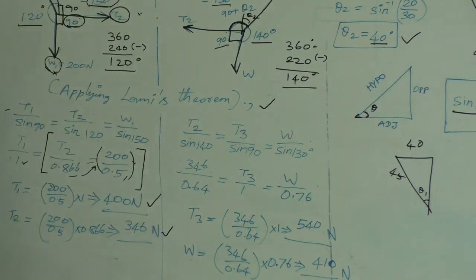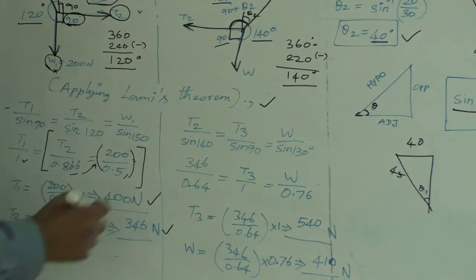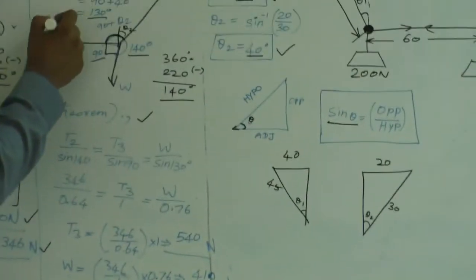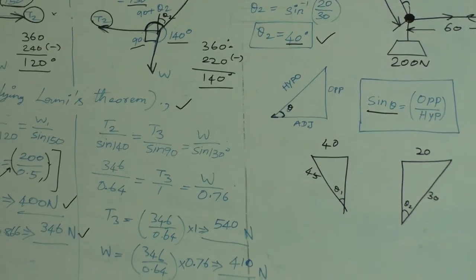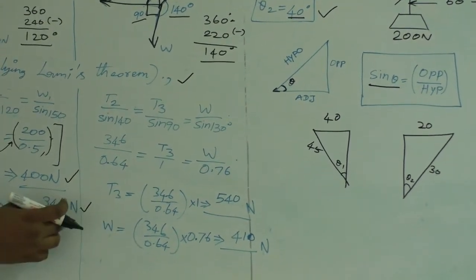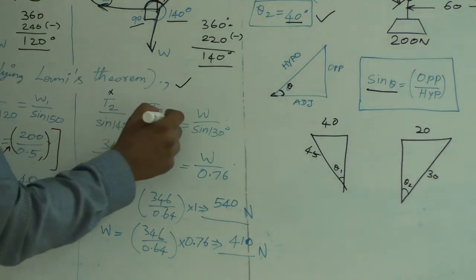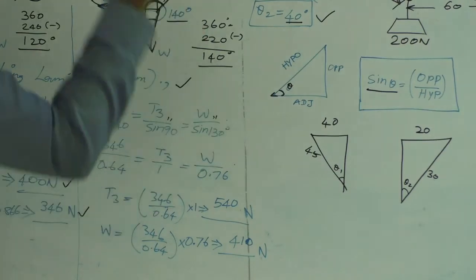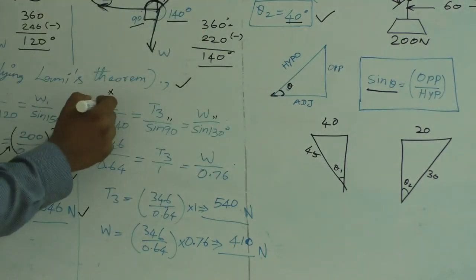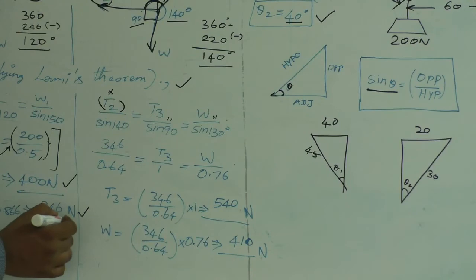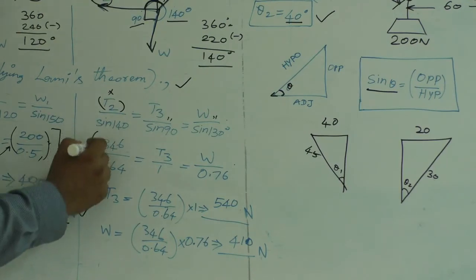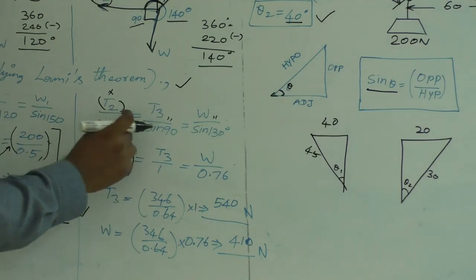After that, while considering block number 3, the value of T2 has already been found as 346 Newton, so we can leave it. The remaining unknowns are T3 and W. So apply the value of T2, 346, with sine 140.